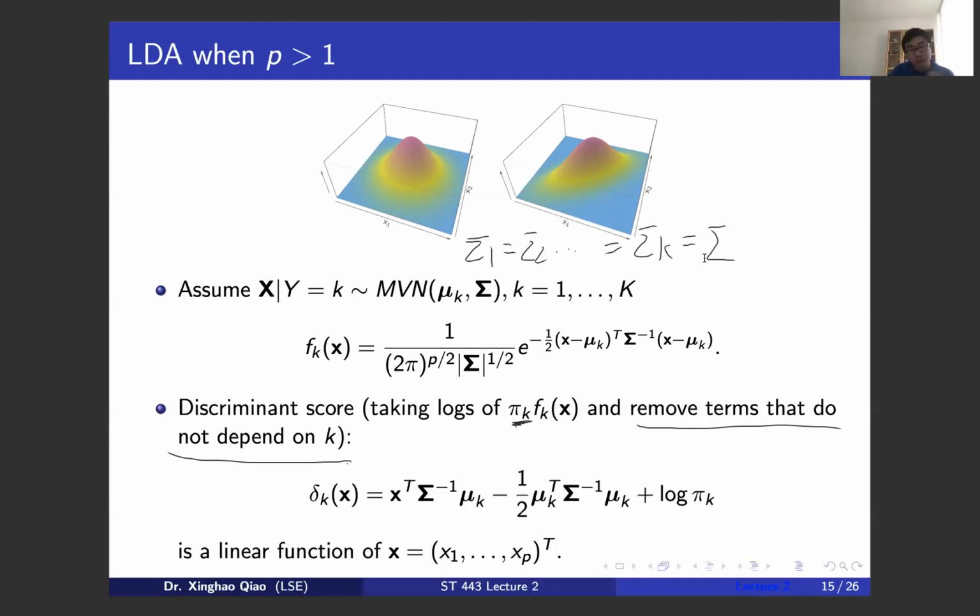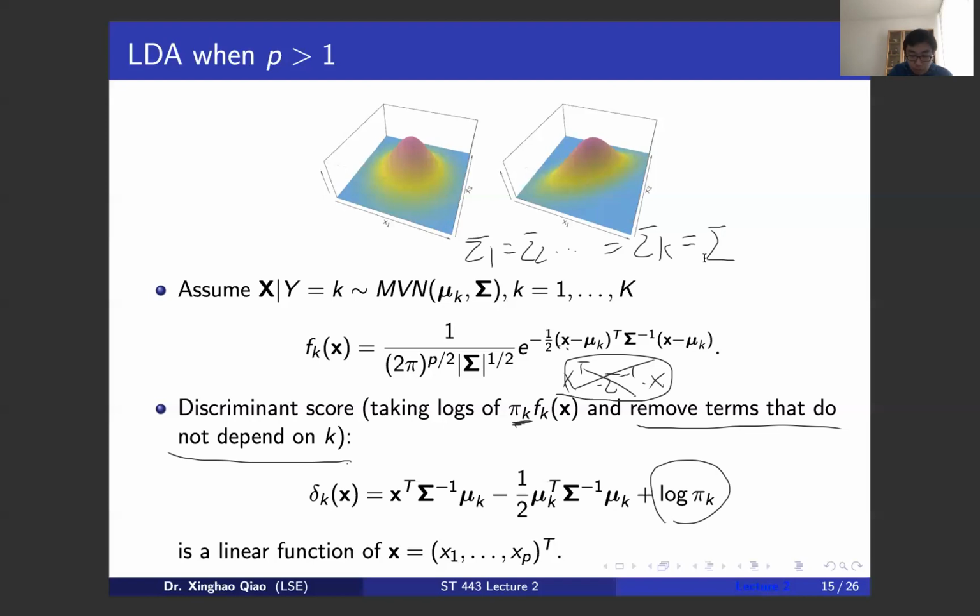By similar derivation, we will also remove the quadratic term, which is x transpose times sigma inverse times x, because this term does not depend on k. If you take the log transformation, the log pi k will remain. We also have some linear terms with respect to x.